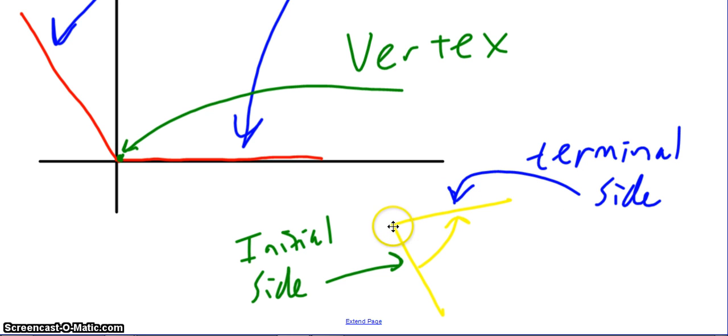And then the vertex is this point right here. So you can see though that through a rotation I could make this an angle in standard position. So we want to understand that when we're talking about an angle in standard position, the initial side is on the positive side of the x-axis.